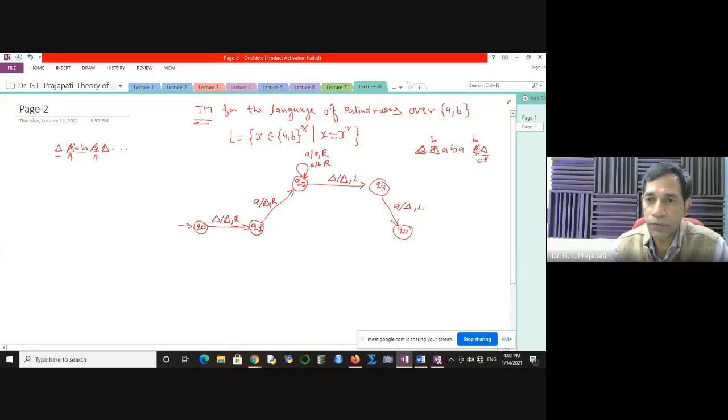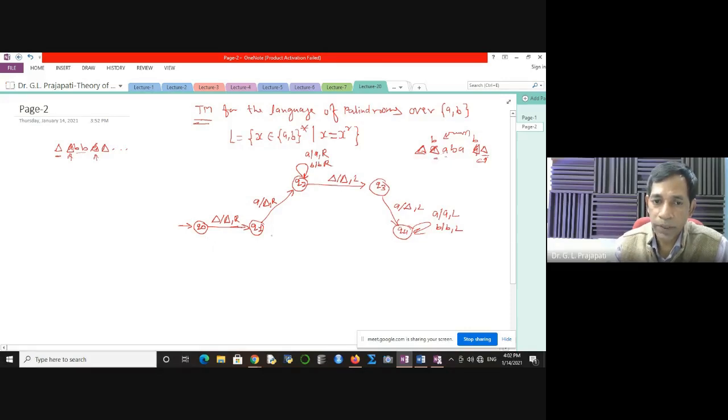Whenever you are at Q4, what you need to do? You have to scan, coming to the left. So whatever you have, A or B, if you have the A, replace with A and come to the left. If it is B, replace with B, come to the left. In this way, once you are coming, you have the A, replace with A, come to the left, B and A, replace with A, come to the left, you are now at blank.